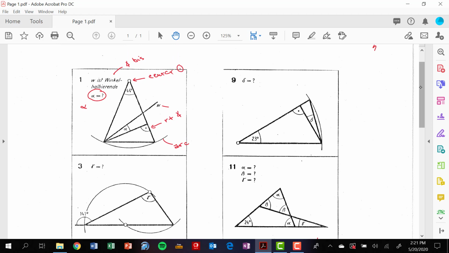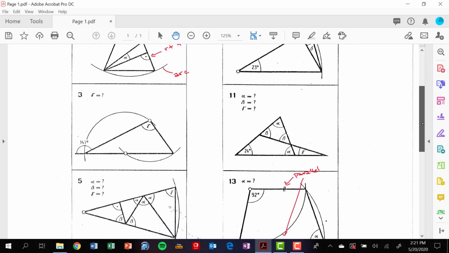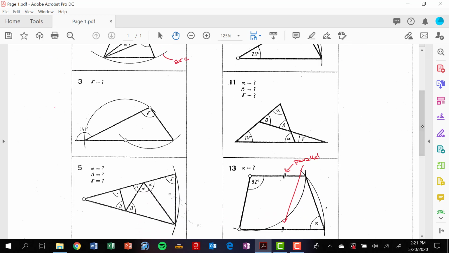Okay. So what I'm going to do is give you the answers and let you guys shoot for these answers. This first one is 12. Number 9 is 11.5. Number 3 is 63. This one here, alpha, is 78. Beta is 51.